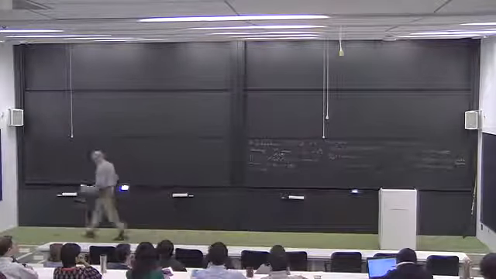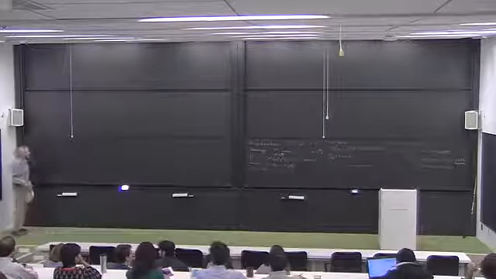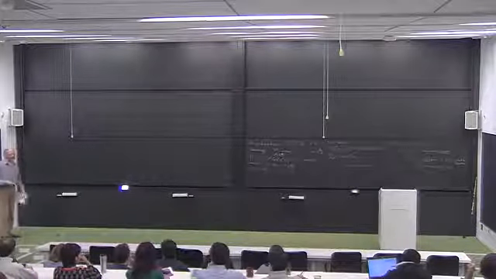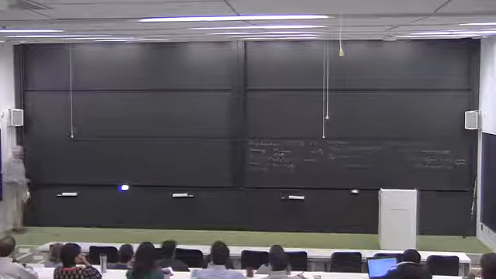This method of functional integral for fermions was in fact invented, I think, mostly by a Russian mathematical physicist and mathematician called Berezin.